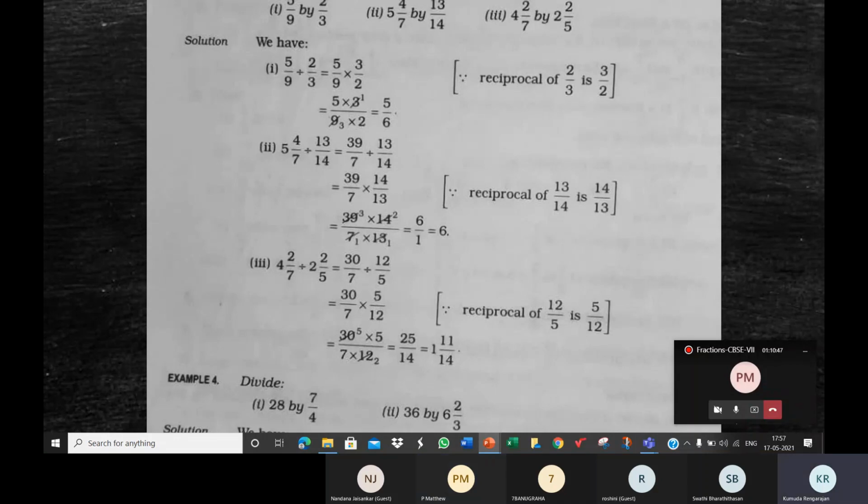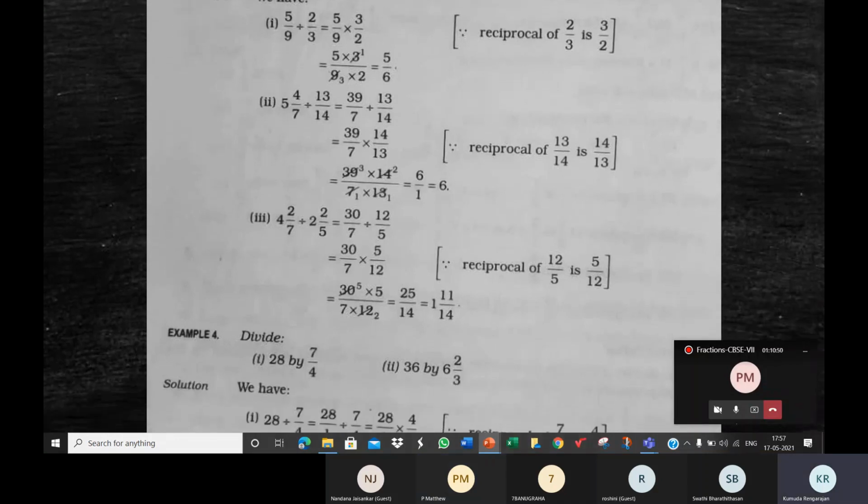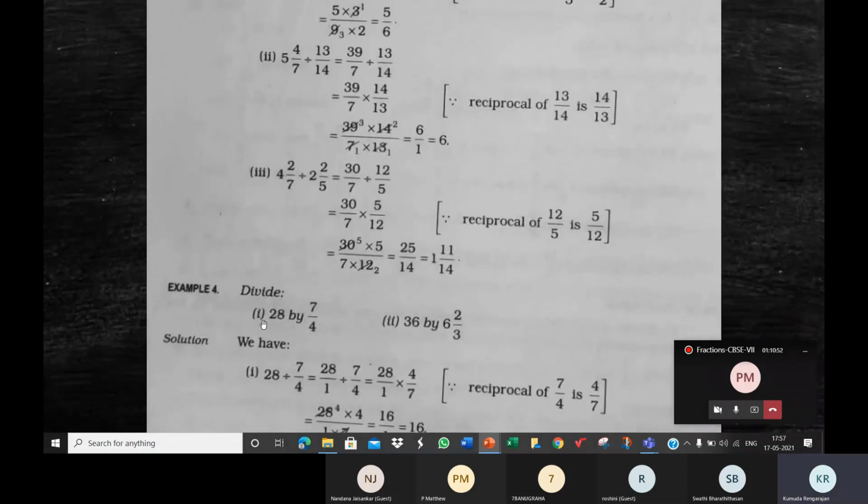Similarly, this is 28 divided by 7 by 4. This by means division. To divide 28 by 7 by 4 means 28 divided by 7 by 4. So 28 means 28 by 1 divided by 7 by 4.